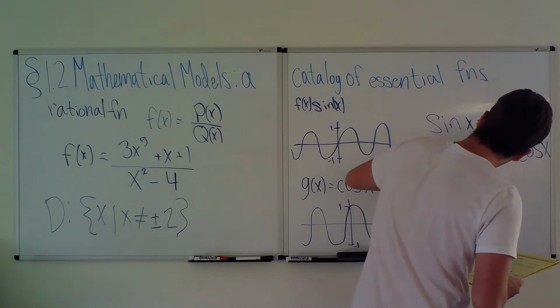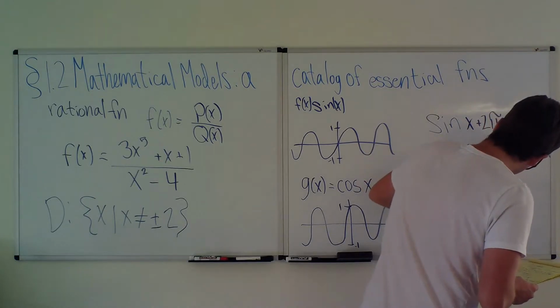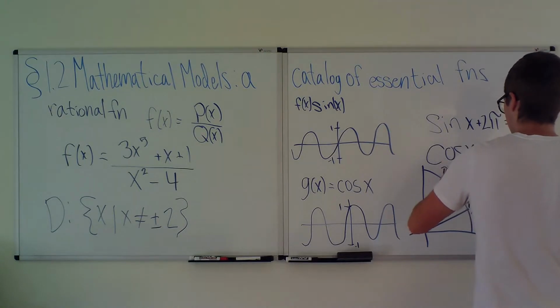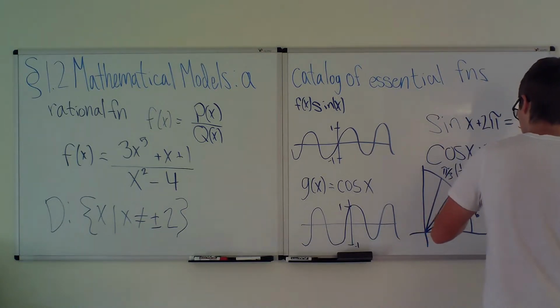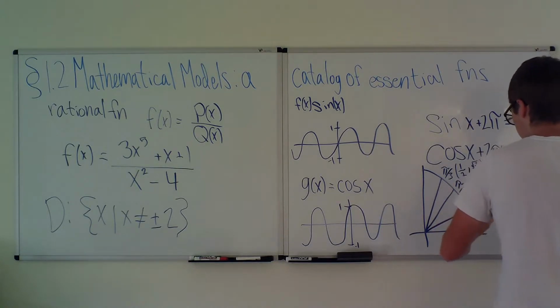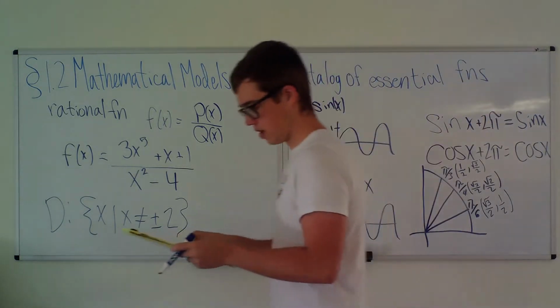So that's pi over 3, pi over 4, pi over 6, and their coordinates are 1/2, root 3 over 2; root 2 over 2, root 2 over 2; and root 3 over 2, 1/2. So there's the unit circle. You should remember it, but it's good to always refresh on that.